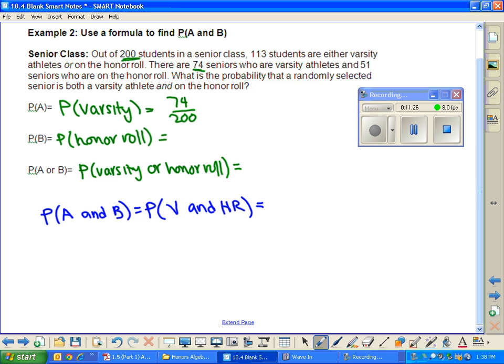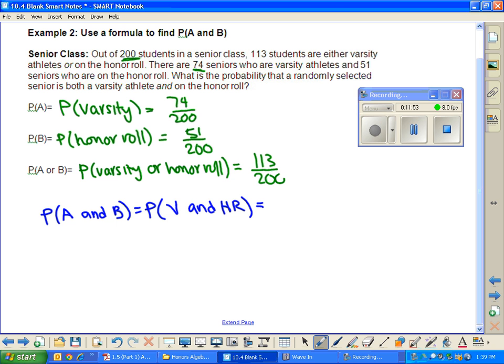Right. You are correct. Probability of choosing a student that is on the honor roll. Jenna, go ahead. 51 over 200. You are correct. And then that last number that they give us, the probability of randomly selecting a student that is a varsity athlete or on the honor roll. Go ahead, Emily.